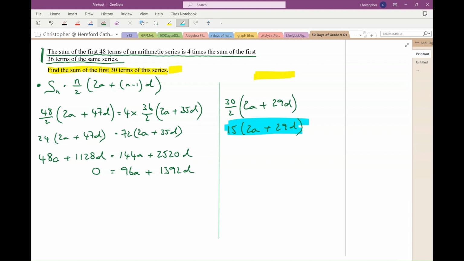Now, I'm thinking, how am I supposed to evaluate this when I don't know A or D? The thing is, if you go back to the left-hand side, you can use it to get an expression for A. If I subtract 1392D from both sides, it gives me 96A. So 96A equals 1392D.